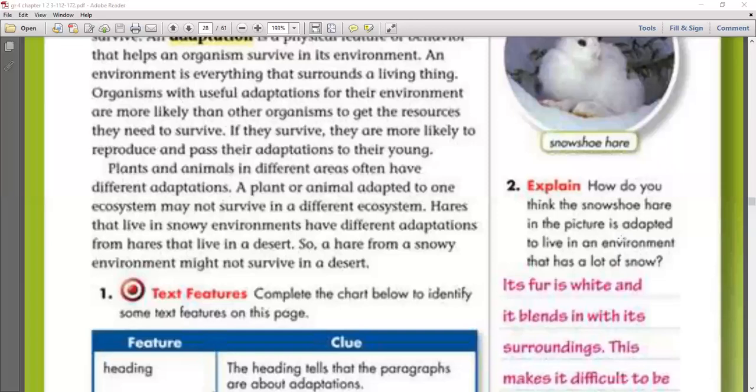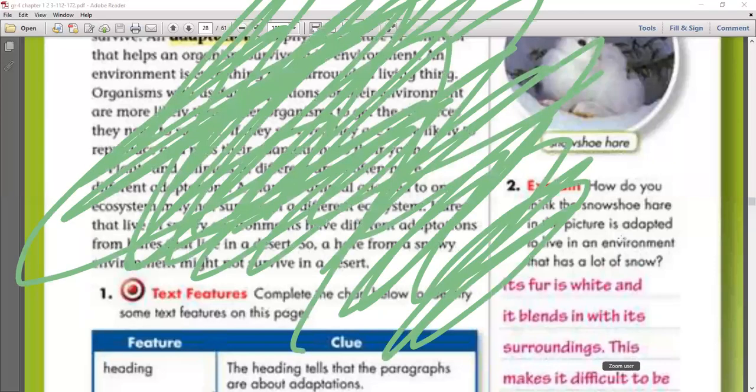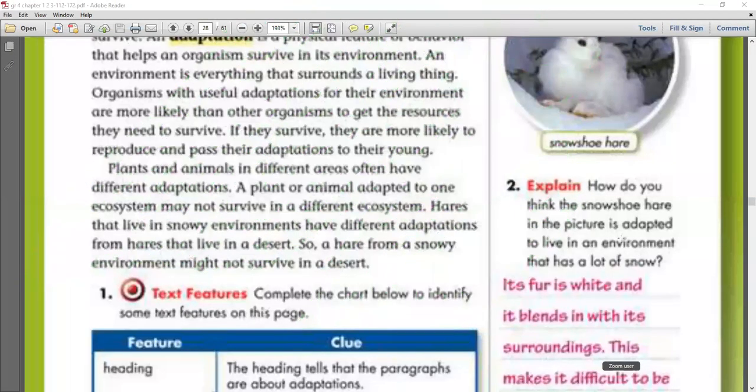Its fur is white and it blends with its environment. This makes it difficult to be seen by predators. Excellent, good job.